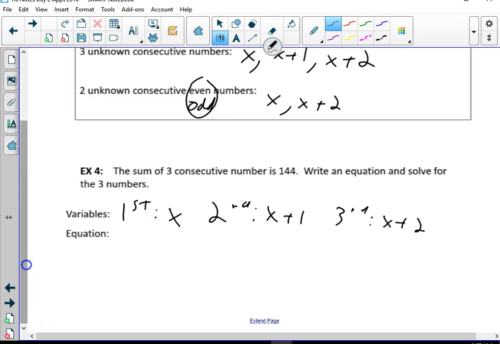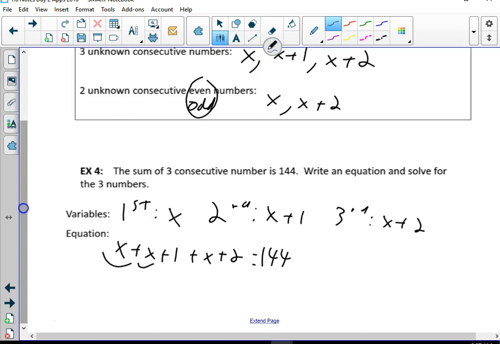X plus 2. Okay? X, X plus 1, X plus 2. Again, pick a number. 5 plus 1 is 6, plus 2 is 7. 5, 6, 7. 3 numbers. Now it says the sum of these is 144. So you simply write X plus X plus 1 plus X plus 2 equals 144.